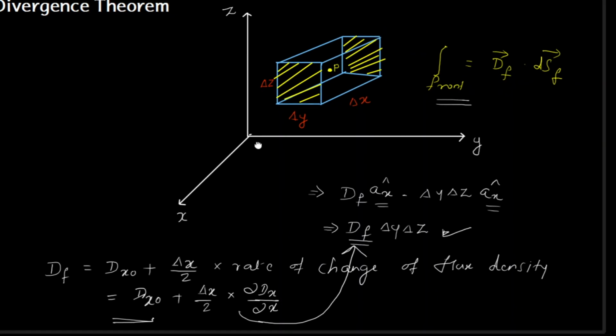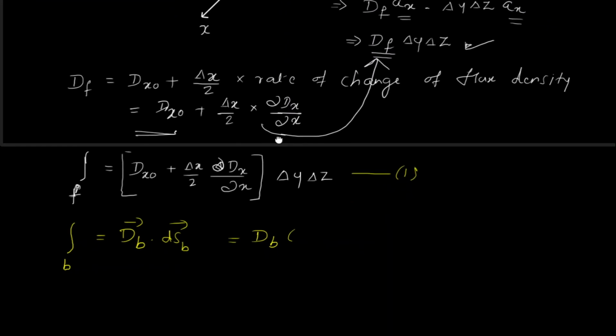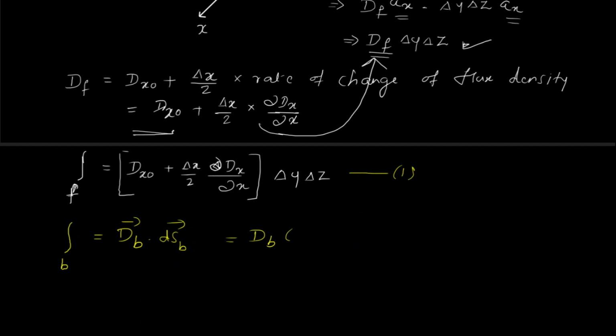This has to be done very carefully. You should not make a mistake while considering the direction of the flux. So this will be minus x cap, and my surface area at the back side will be magnitude-wise the same, that is delta y delta z, but the normal will be in the minus x cap direction. So minus x cap dotted with minus x cap will be 1.